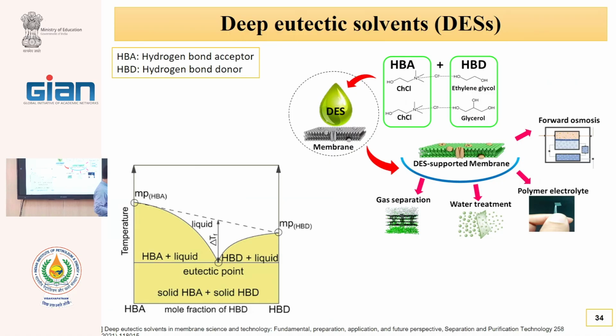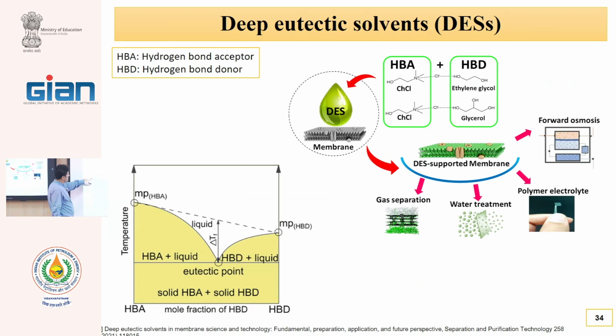Because in this dip, with the mixing of compounds, we go to the eutectic point. For example, choline chloride mixed with urea, both white solids. After 10 minutes of mixing, we have a liquid. We produced a liquid solvent from two solids with mixing.